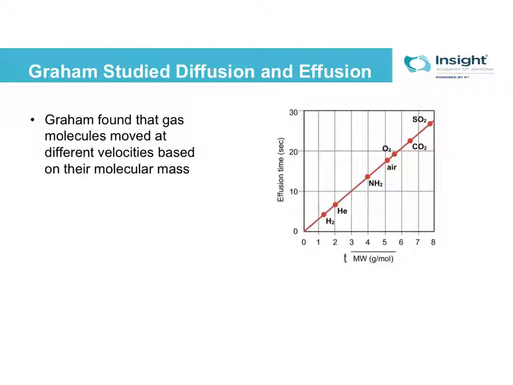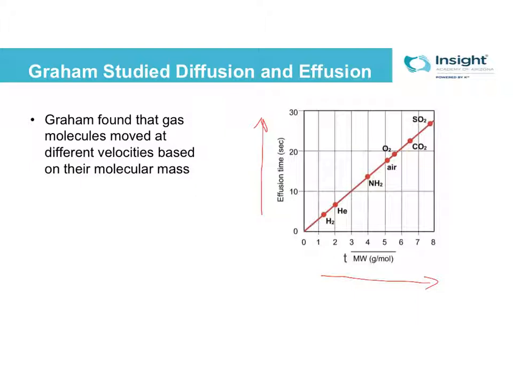So Graham is a scientist that studied these concepts, and he found that gases have different velocities based on their molecular mass. If you read this chart here, you've got an increasing molecular mass associated with an increased effusion time. Now I want you to think about what that means in terms of speed.